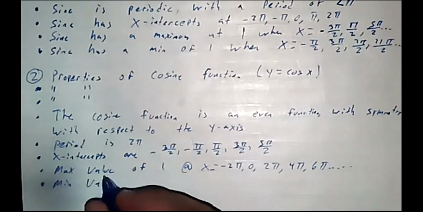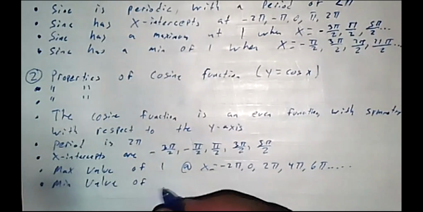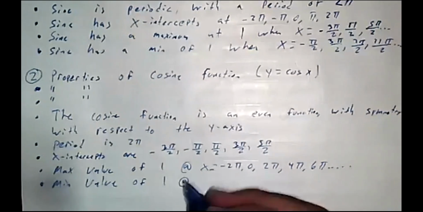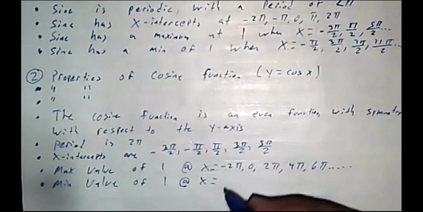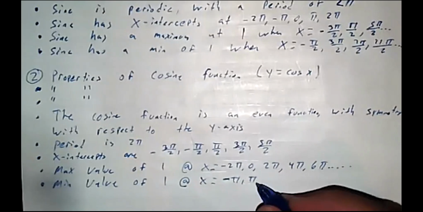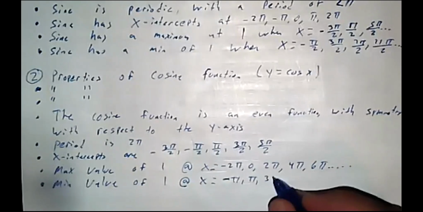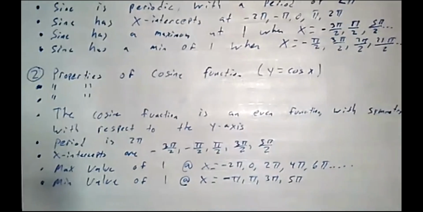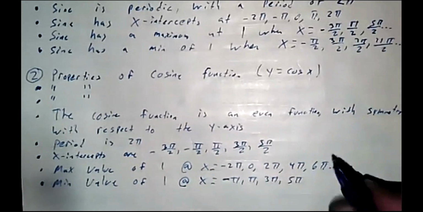Minimum value of negative 1 at x equal to negative pi, pi, 3 pi, 5 pi, and so forth.